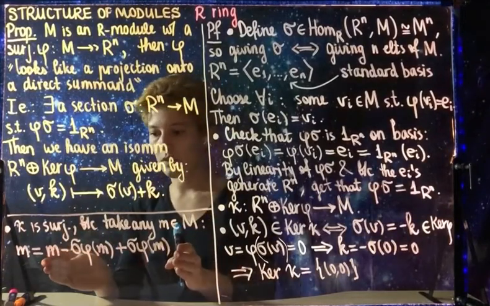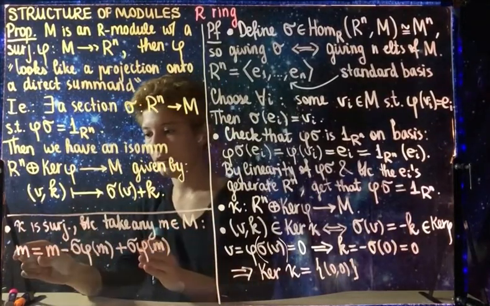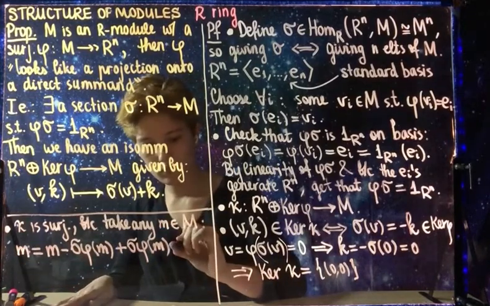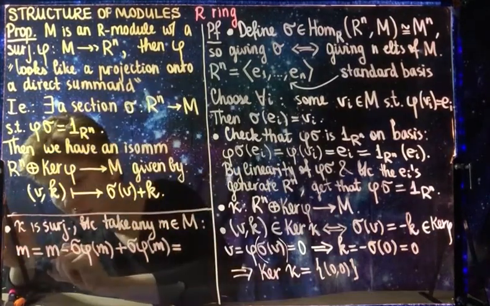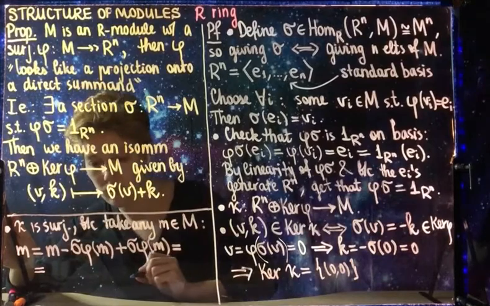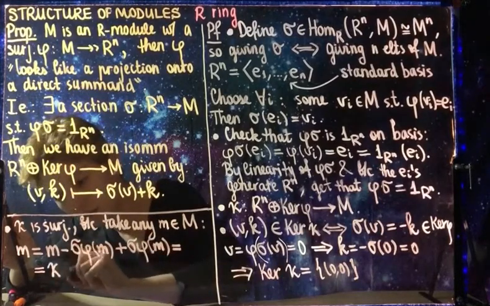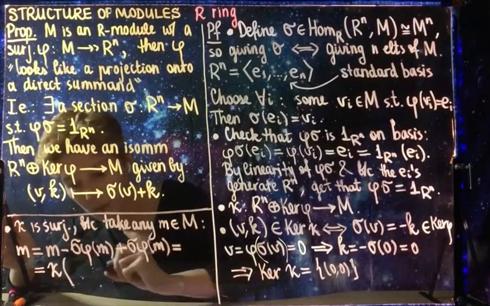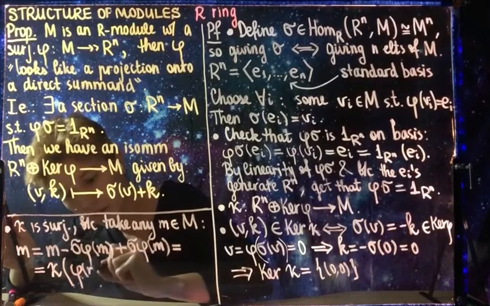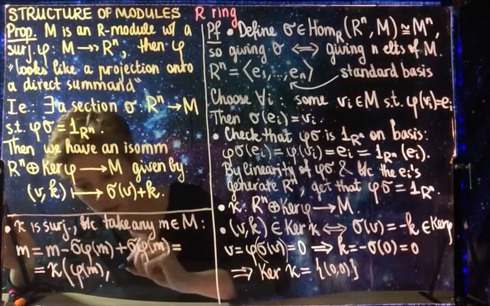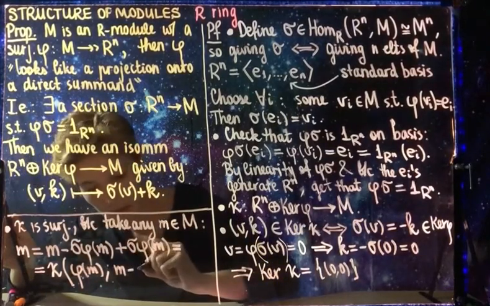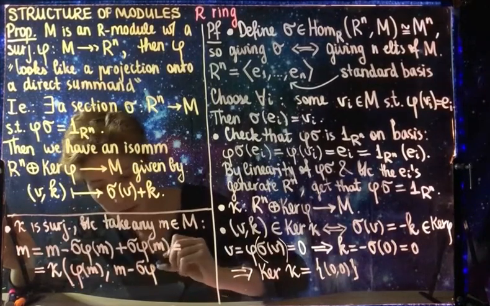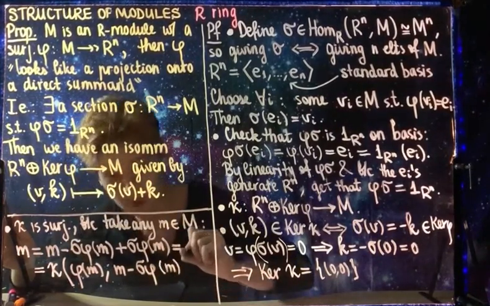So this is tautologically equal to m. But then I claim that this is in fact the image of kappa of phi m, comma m minus sigma phi of m.